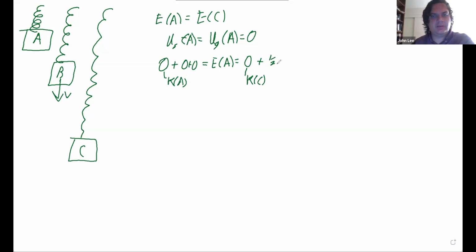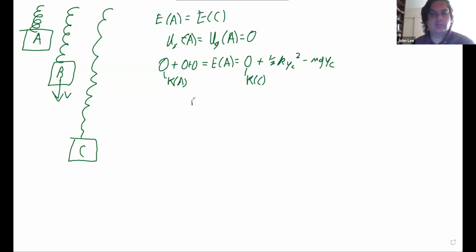is equal to 1/2 K YC squared minus mg YC. Because we start out with a 0 point at the high point, which means that the potential energy at the bottom is going to be equal to negative mg YC.